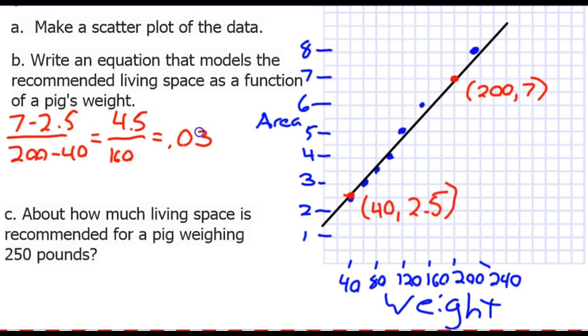So that's our slope. So then our equation would have to be 0.03, and we pick one of our points. I'm going to pick 200, 7. So it'll be 7 equals 0.03 times 200 plus b. 0.03 times 200 equals 6.